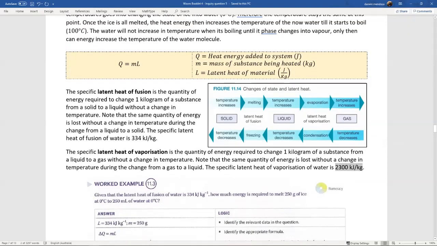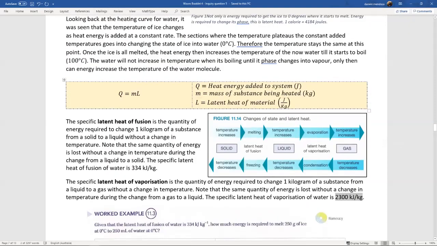Now, if you want to go the other way, if I want to go from a liquid to a solid, then I'm going to have to take away that constant, right? And if I want to go from a vapor to a liquid, I have to take away that value.